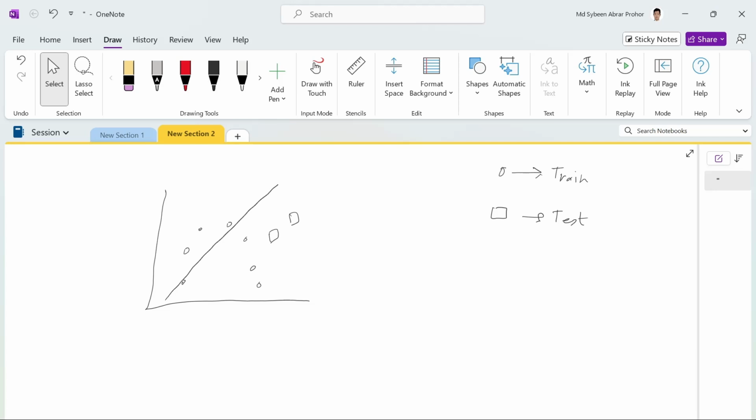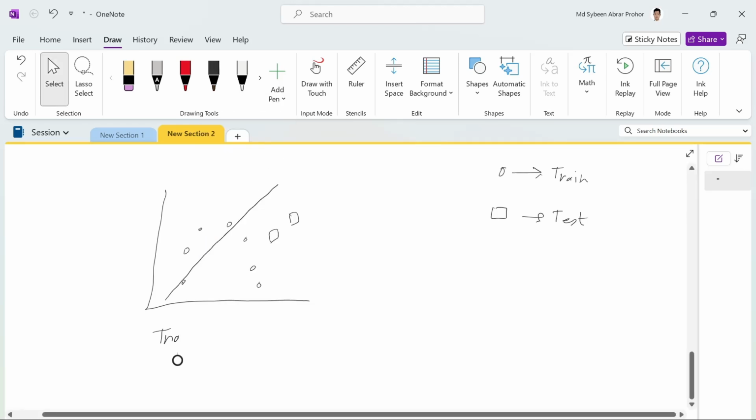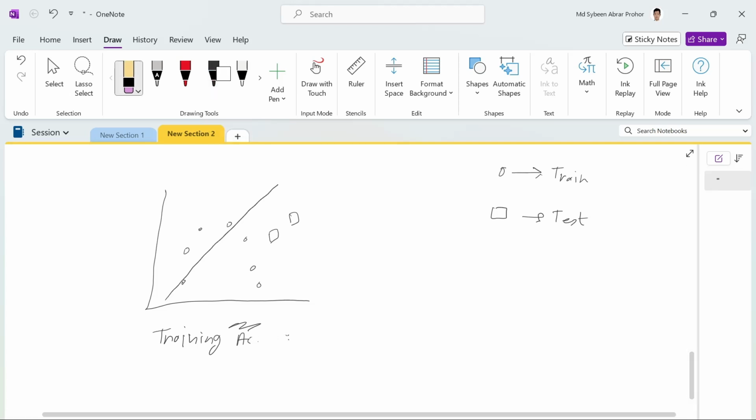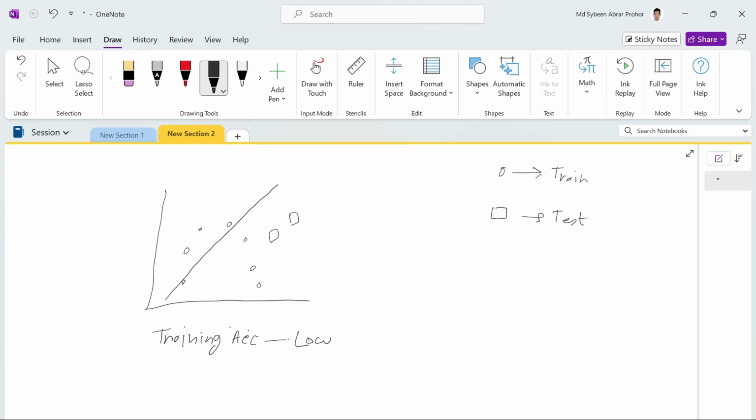And in this case, we can see that our training accuracy is low.